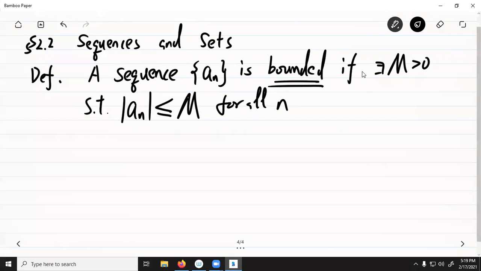Okay, so now let's look at this very important theorem. And the proof has some techniques you will see in the future. It says every convergent sequence is bounded.